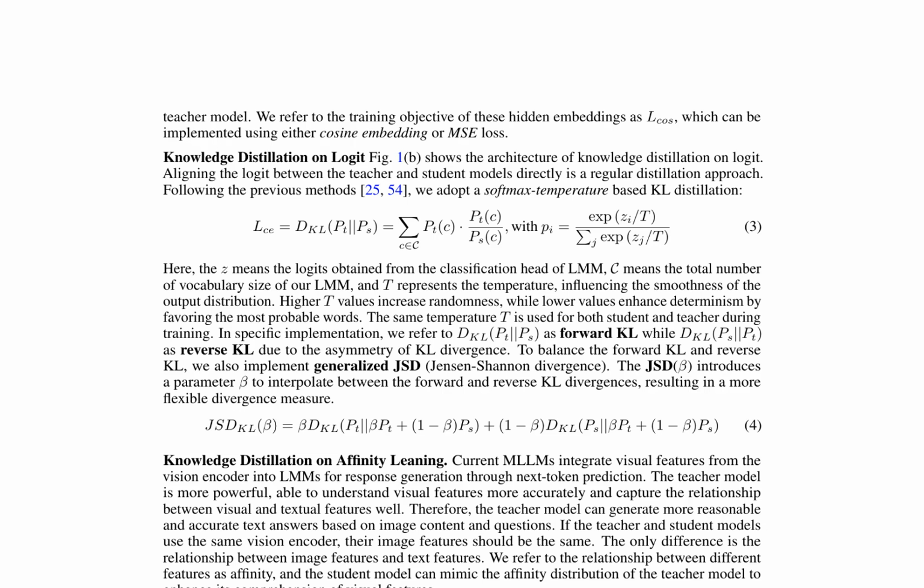The paper also introduces the concept of generalized Jensen-Shannon divergence, JSD, which interpolates between the forward and reverse KL divergences, providing a more flexible divergence measure. This allows for a more nuanced understanding of the differences between the teacher and student models.